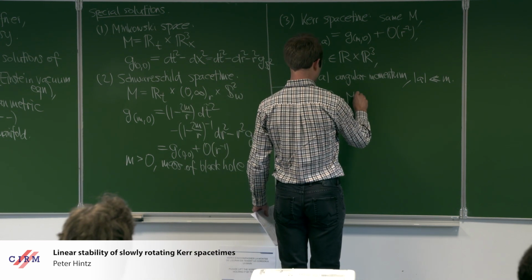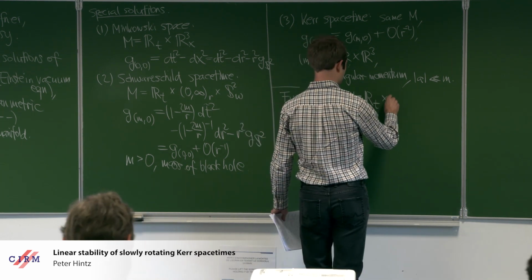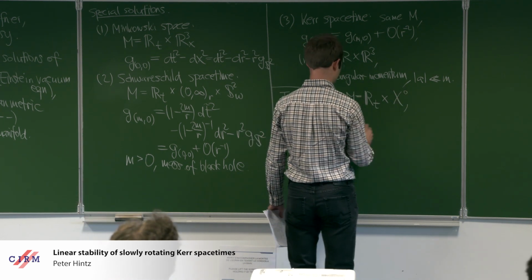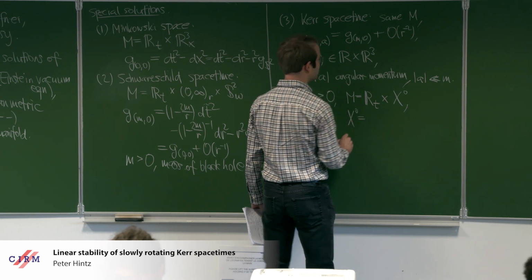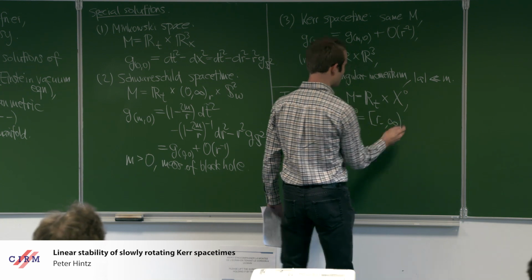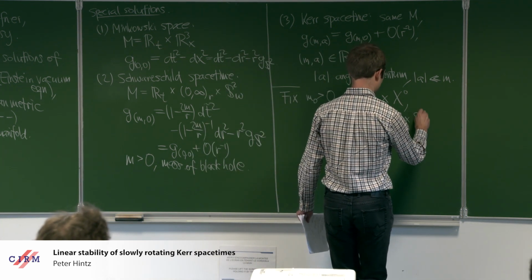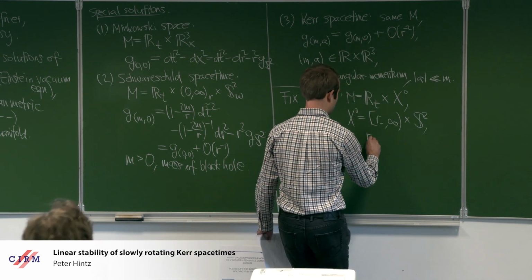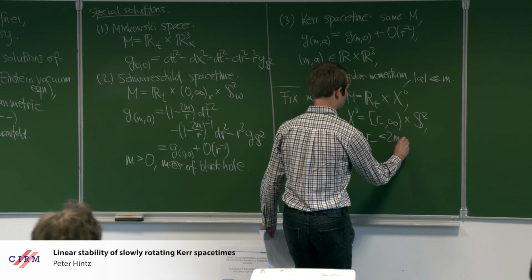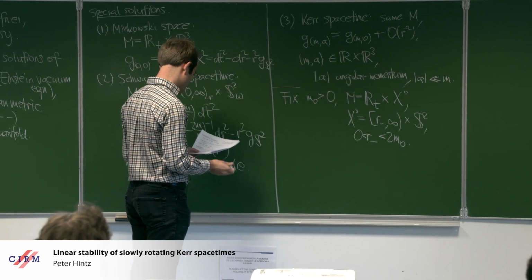And let's define a manifold M to be time cross space, R_t times X_0. And space here, let me just be slightly more honest and take some half-infinite interval from some radius r_minus to infinity cross S^2. And r_minus is less than 2m0, but bigger than 0. So I'll draw a picture of this in a second.